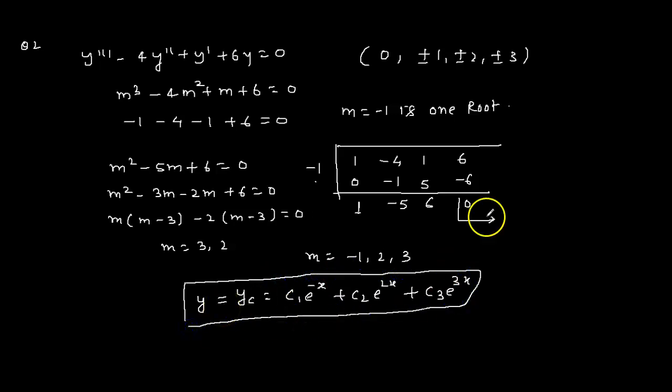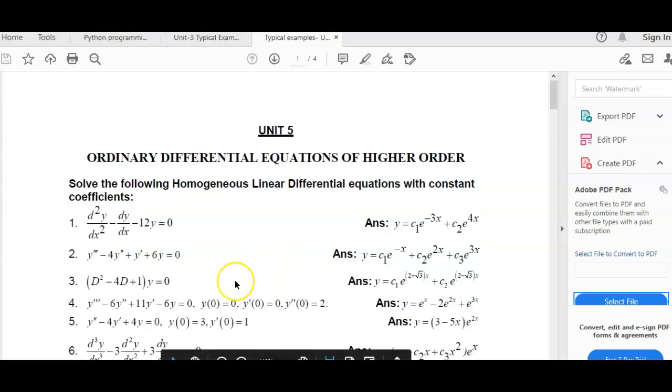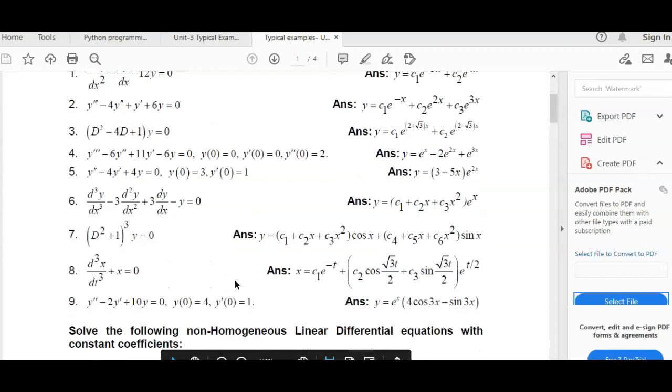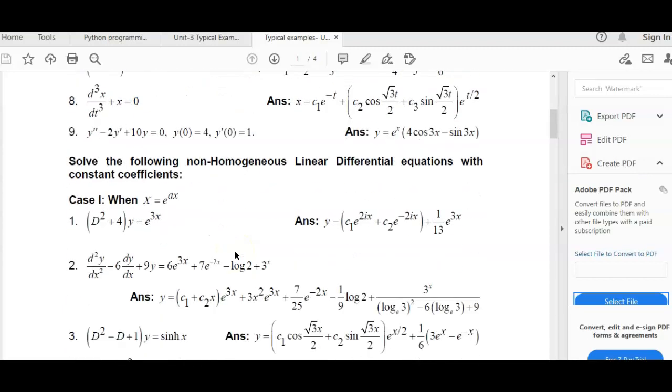Yes, sir. For homogeneous constant coefficient equations, I know how to do it. For non-homogeneous, I don't know how to do it. So this one I will teach.